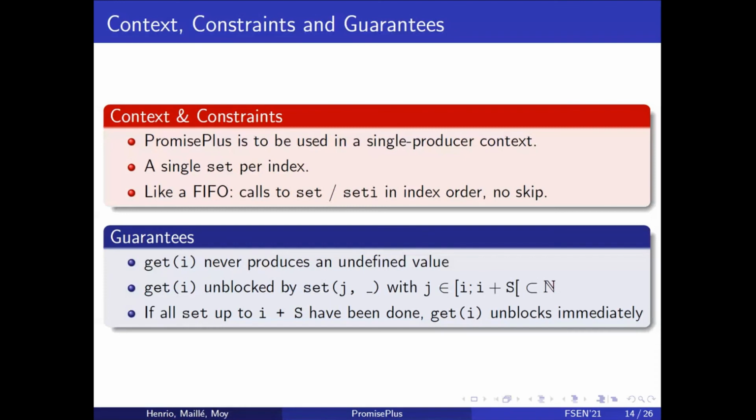For example, if the programmer knows that at around index 42 it would be interesting to unblock and not wait until the whole chunk has been produced, the programmer can call set immediate with 42 as index to immediately unblock everything before index 42. So it can be used as a force unblock anywhere in the Promise Plus, although this is not necessarily the first thing we wanted when we added set immediate.